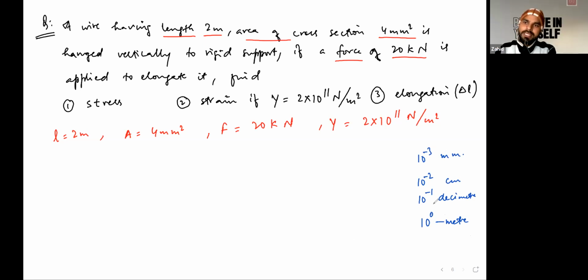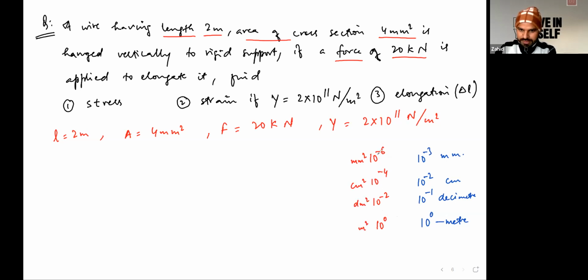While taking the area respective to these components, it will be meter square, decimeter square, centimeter square, and mm square. So we just multiply those quantities by themselves. So for area, it will be 10 to the power 0, then 10 to the power minus 2, then 10 to the power minus 4, and then 10 to the power minus 6. So this will be meter square, decimeter square, centimeter square, and mm square.